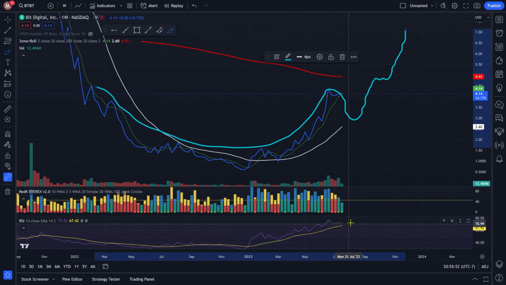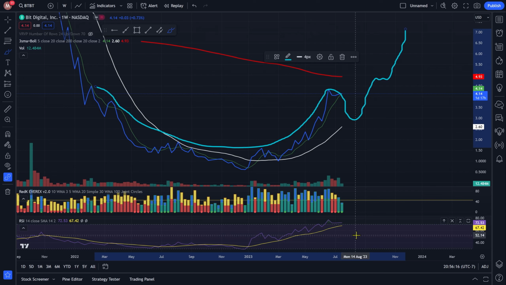One thing to note is that on the RSI, we are overbought on the weekly chart. That is bearish. If we were to pull back down to this region, to the 280, 295, slightly under the $3 range, that would bring the RSI back down into a healthy level, somewhere in the high 50s, low 60s area.